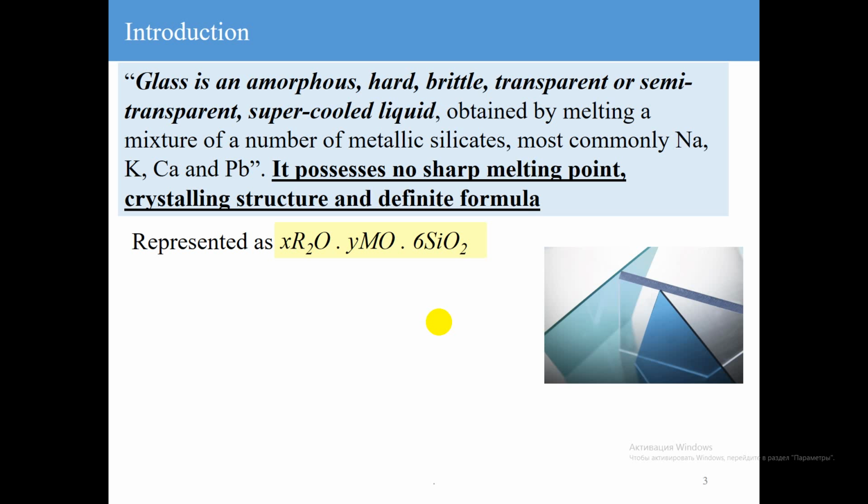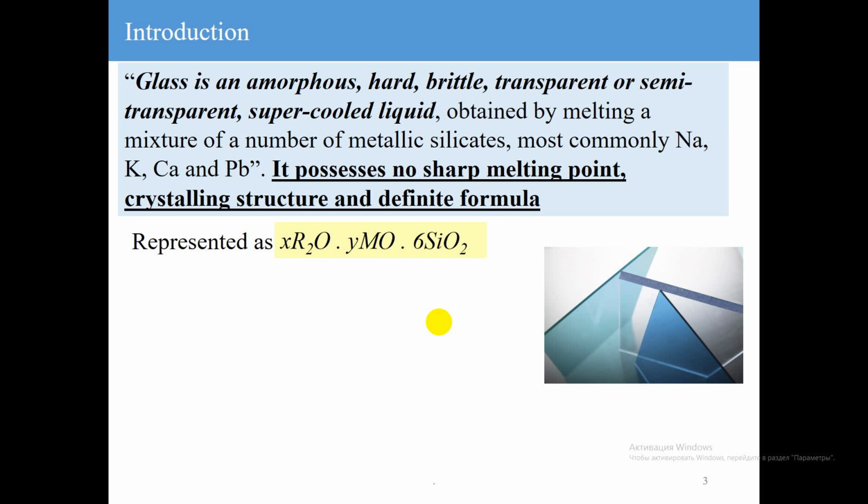Today's glass is made for many purposes: glazing for building, containers, ovenware, for optical purposes, and for production of glass fibers, both for optical reasons and for the reinforcement of composites.